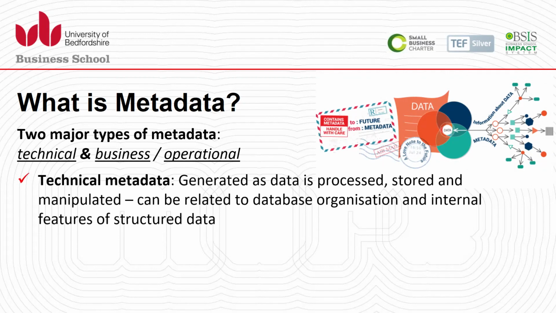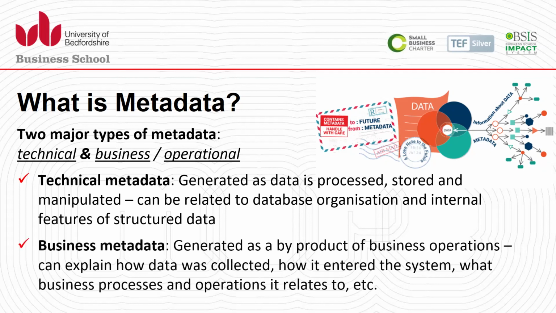The technical aspect of metadata is generally generated as data which is processed, stored, and manipulated, which can then be related to database organization and the internal features of the structured data at the same time.